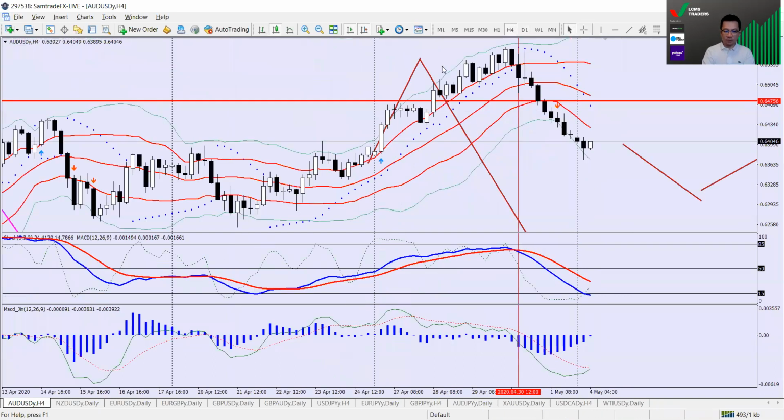On the H4, we see that today is possibly going to move up a little bit before tomorrow's downward move, which I have indicated here already. Why I think it's going to move up a little bit today is probably because there are no real triggers, with a slight profit taking, a slight retracement upwards to gather strength to move down.